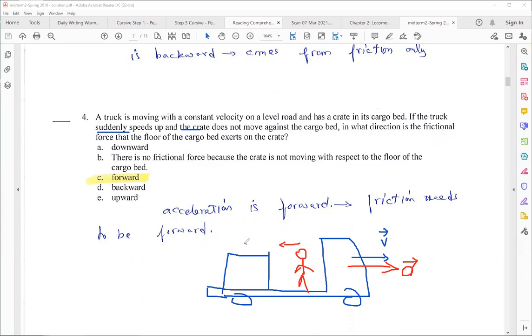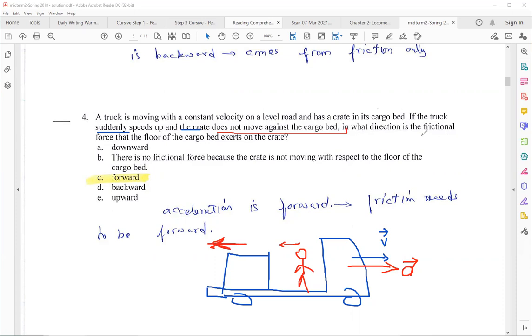And so does the crate. The crate wants to move backward. Now, the question says the truck suddenly speeds up and the crate does not move against the cargo bed. Supposedly, if there was no friction, the crate would move backward like this, but it is not moving.